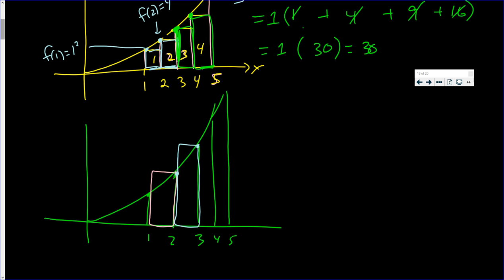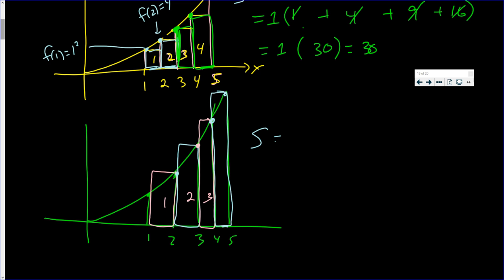And the third rectangle, we pick between those two heights, and the one to the right happens to be larger. So that's going to be the third rectangle. And then the last rectangle goes between x equals 4 and x equals 5, and it turns out that the higher height is at 5.